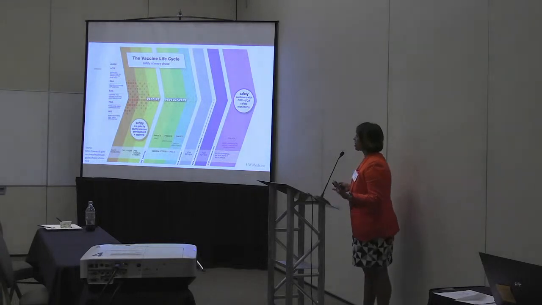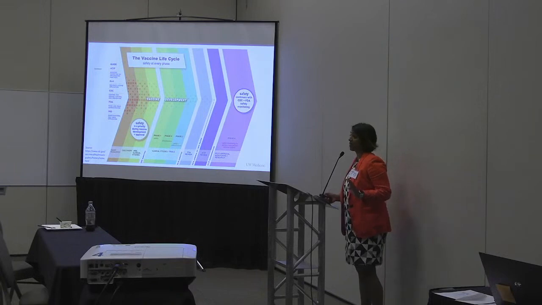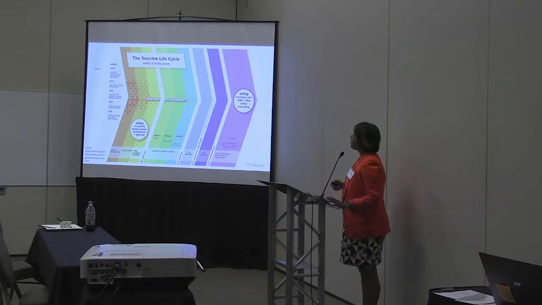So this is just in general when we look at vaccine development, what happens. Obviously there have been examples of accelerated development that we've seen recently, but there's basic science research, preclinical trials, clinical trials, FDA review, ACIP, the Advisory Committee for Immunization Practices, which is part of the CDC.